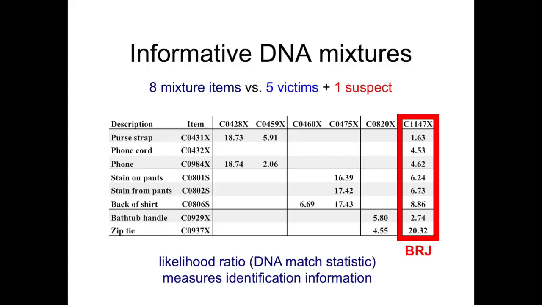Some of the rows have 3 match statistics, meaning that the mixture was separated and the amount of association with each of the 3 components is revealed in this table. The last column is Billy Ray Johnson, who was the perpetrator, and you see match statistics in the millions and so on. And in the end, he was convicted largely on the basis of the DNA evidence.